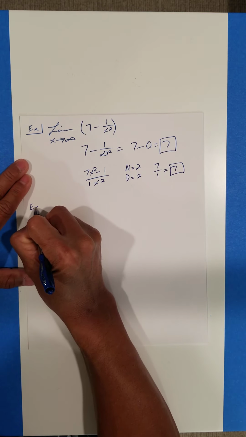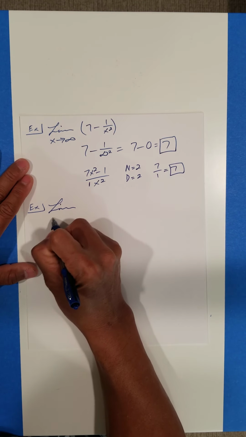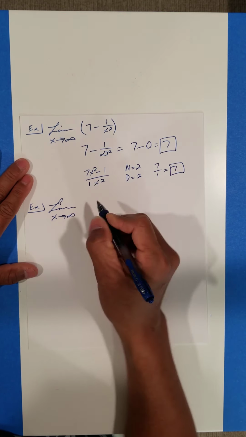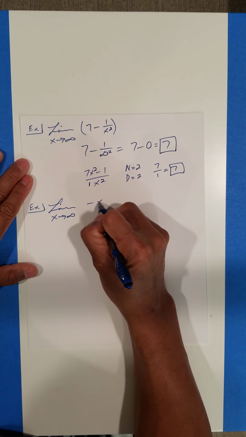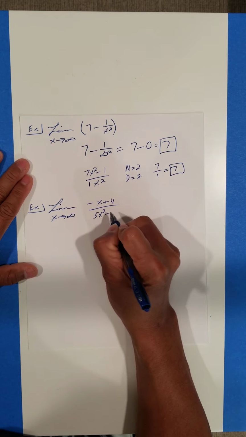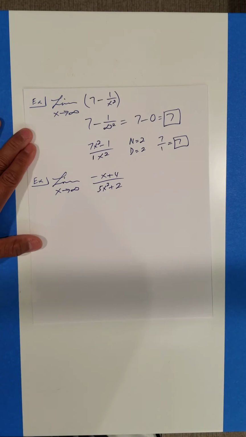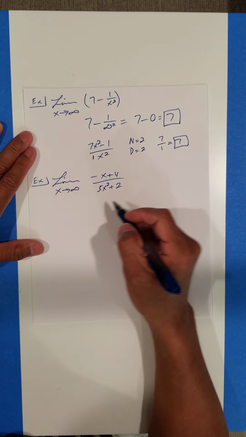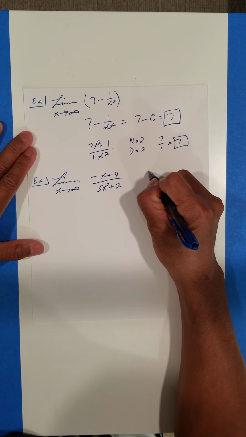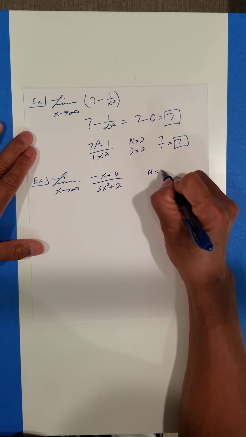Okay, limit as x goes to infinity of negative x plus 4 over 5x squared plus 2. Okay, so here's another limit as x goes to infinity. This idea is pretty simple. Okay, check this out. What's the degree of the numerator? What's the degree up here? Degree is 1.